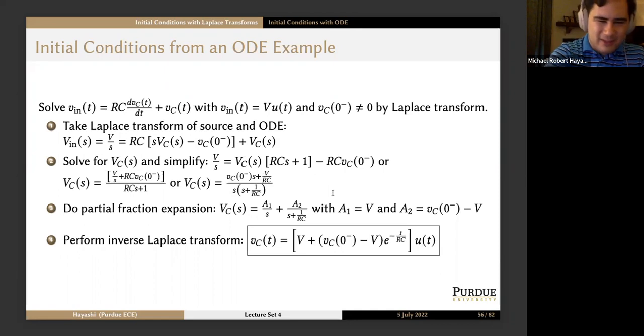Cover-up method, cover up the S plus 1 over RC in the denominator. Set S equal to negative 1 over RC. You'll get V minus VC of 0 minus.